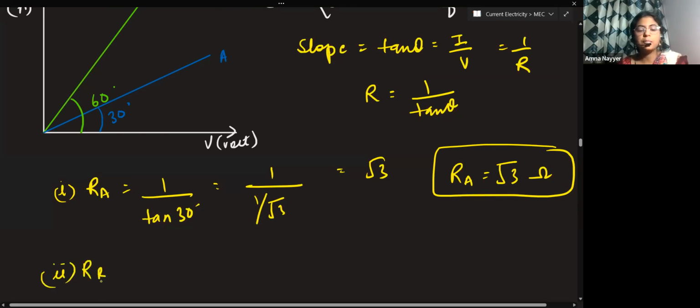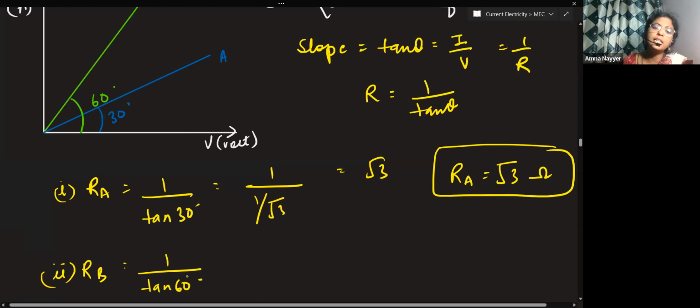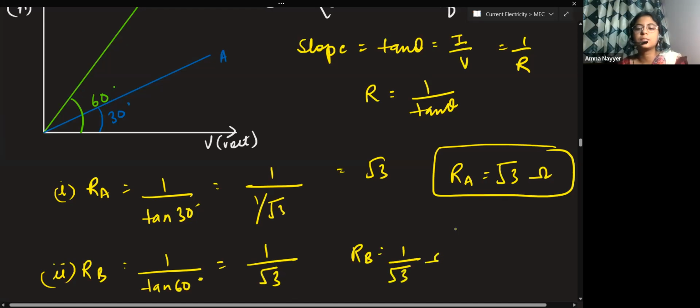Secondly, RB will be 1 by tan 60 degrees. Why tan 60 degrees? Because now the angle given to you is 60 degrees. So this will be 1 by tan 60, and tan 60 is root 3 only. So RB comes out to be 1 by root 3 ohms.